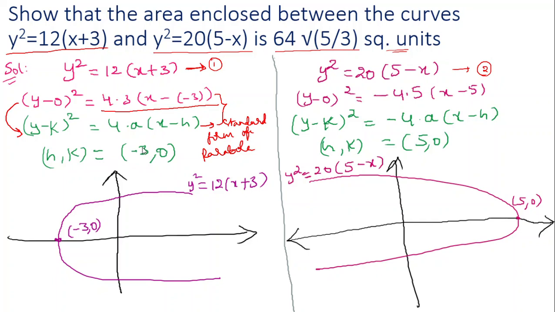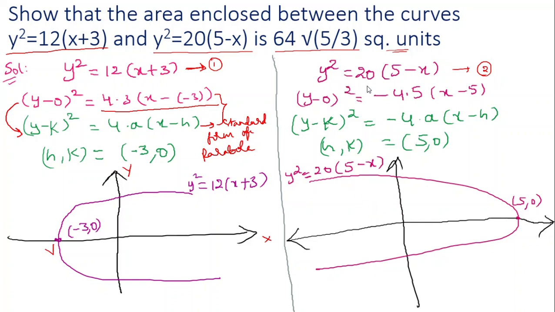The vertex of the given equation 1 is minus 3 comma 0. Now if we represent it on the coordinate axis, it would look like this. So this is y square is equal to 12 of x plus 3 and this is vertex V minus 3 comma 0. And now let's go to the second curve.